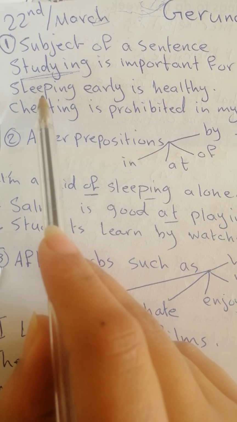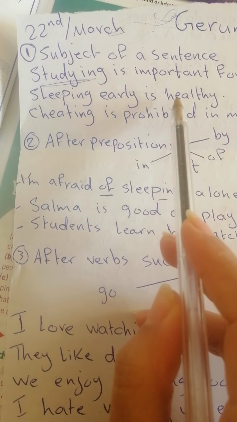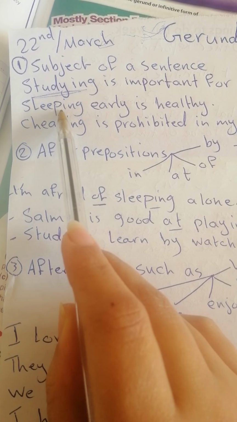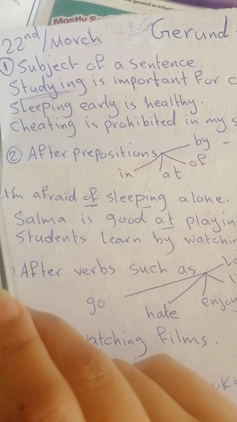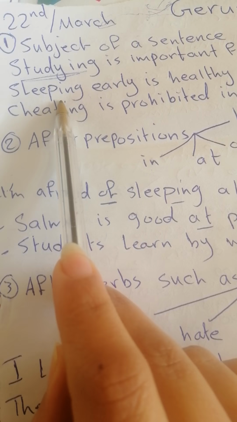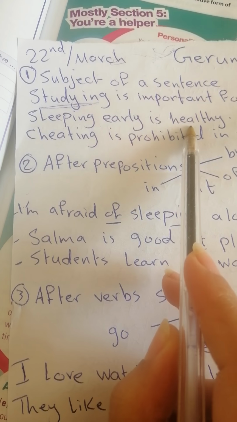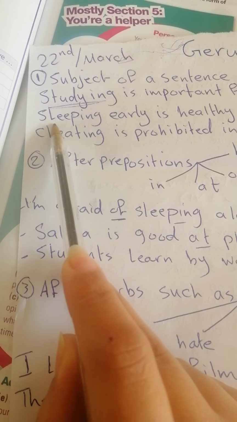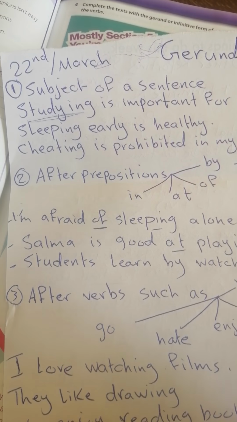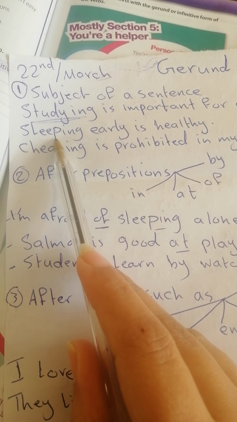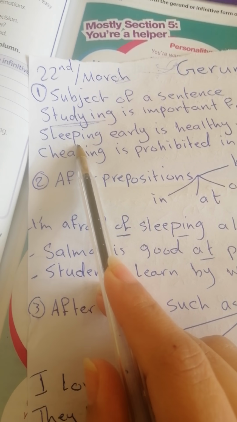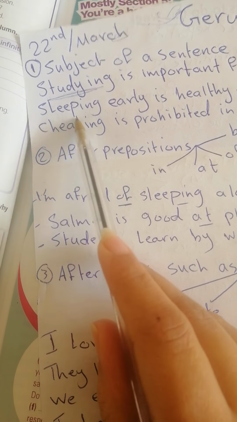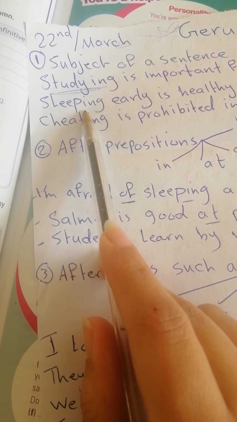Number 2, sleeping early is healthy. النوم مش ينام, النوم. What is healthy? Sleeping early. So sleeping here is the subject of the sentence. And we call it gerund, not present continuous.